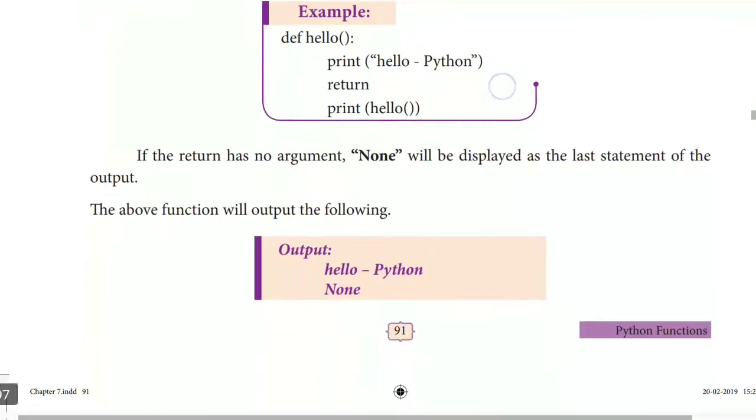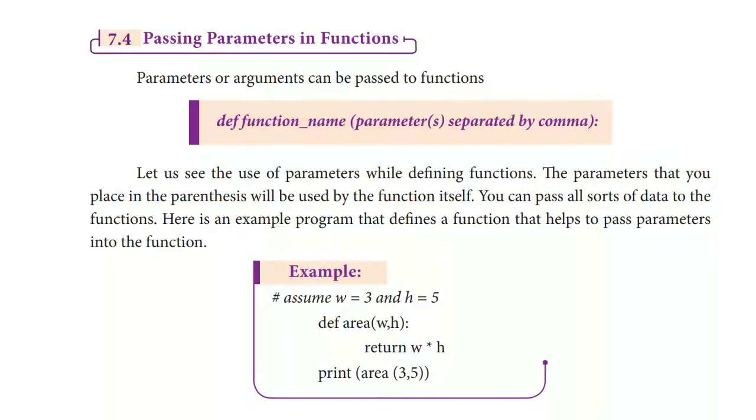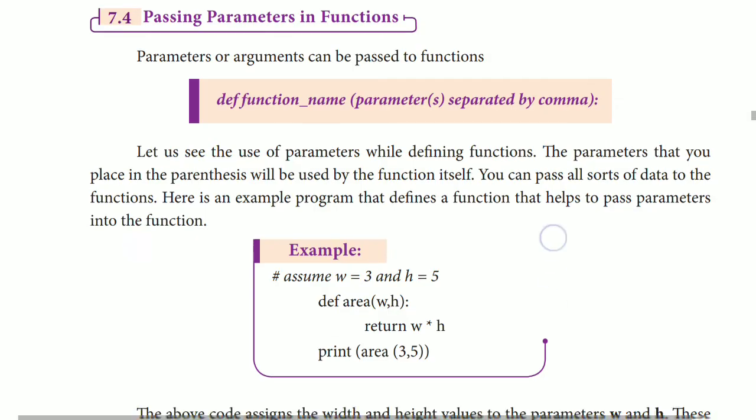Okay, so today we are going to see passing parameters in a function. You can see that we have to give some input to the function. Providing input to the function is known as passing parameters to the function. There are two types of values here, parameters and arguments.